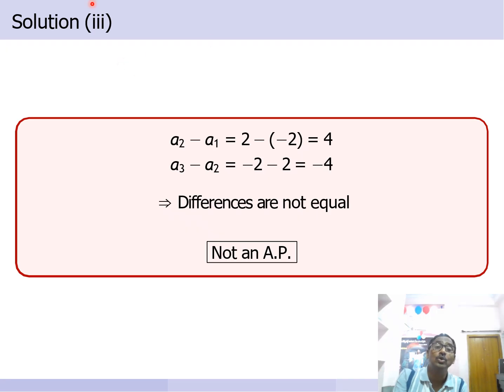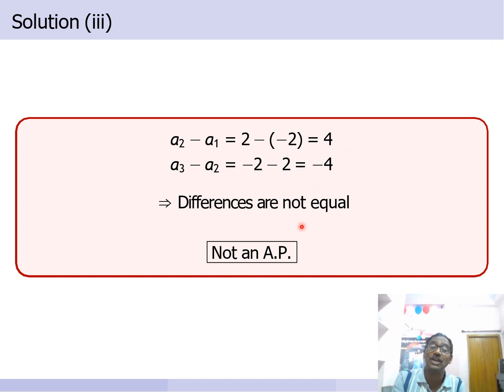Next, coming to solution for the third question. a2 minus a1 that is 2 minus of -2. So a2 is 2 here, a1 is -2. So 2 minus of -2 I am getting 4. Next a3 minus a2 that is -2 minus 2 I am getting -4.